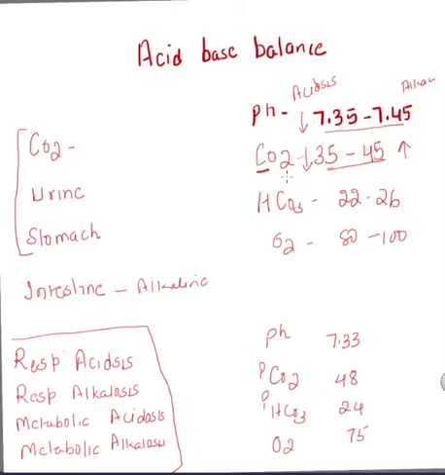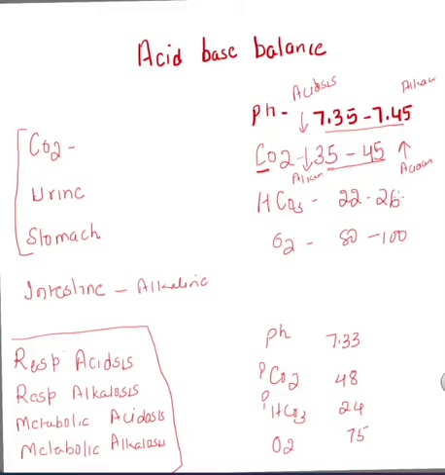If this level goes above, it causes acidosis because it's an acid. If this level goes below normal, it may lead to alkalosis. We need a certain amount of acid to prevent our body going into alkalosis.